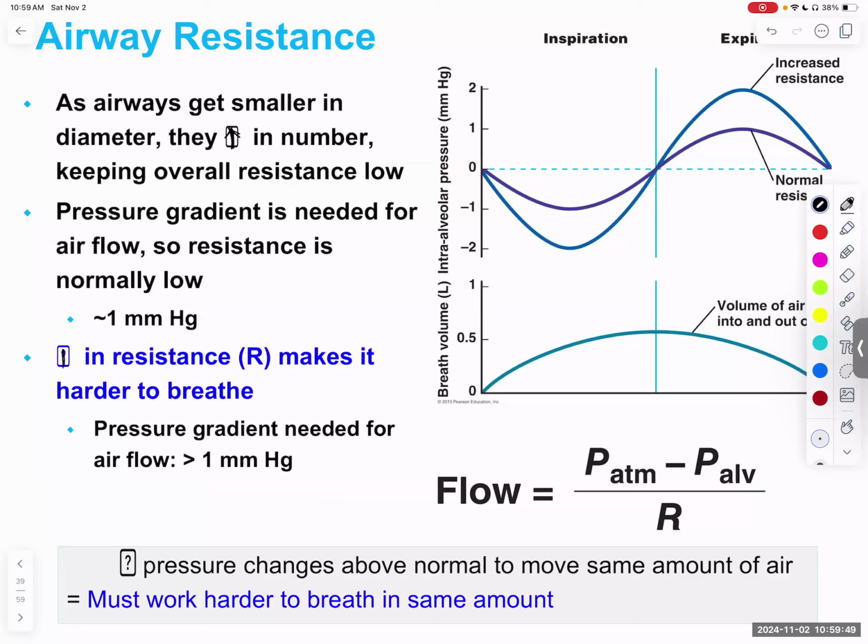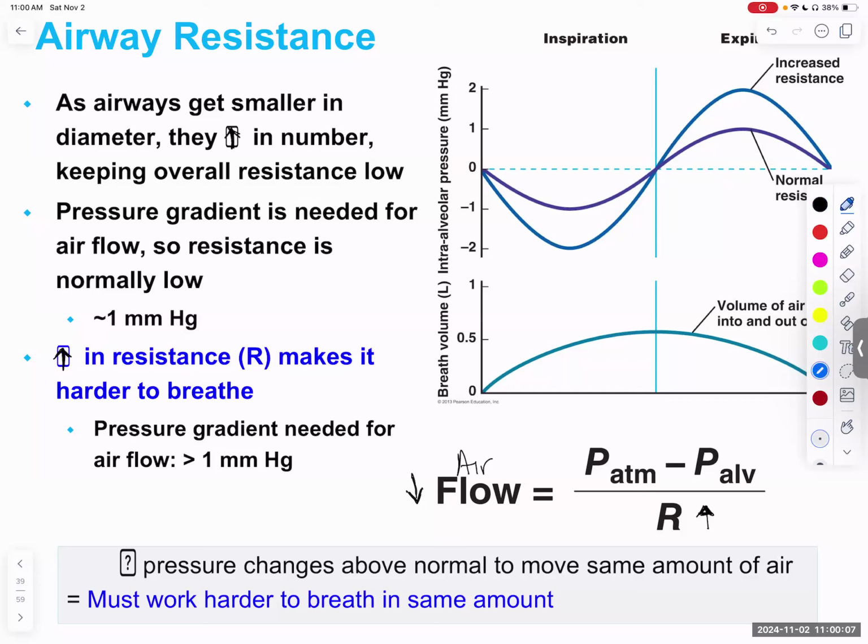But if there's an increase in resistance here, it will decrease airflow, unless, let me write this out so it makes sense to you.